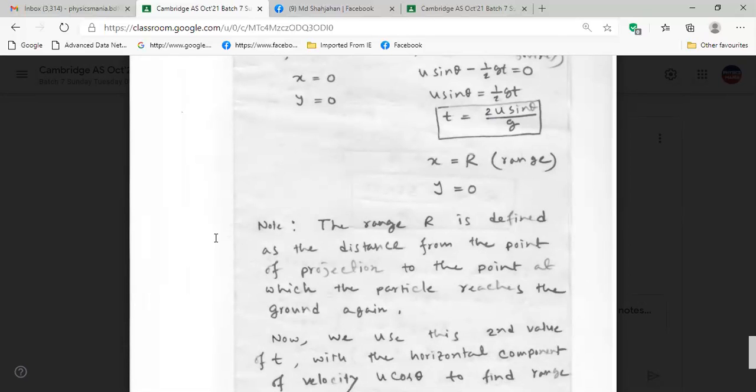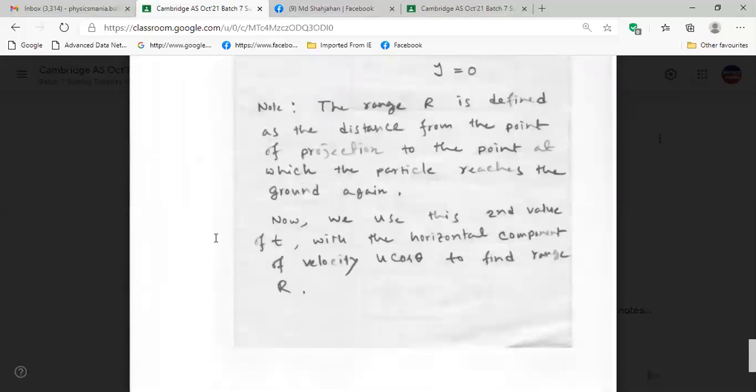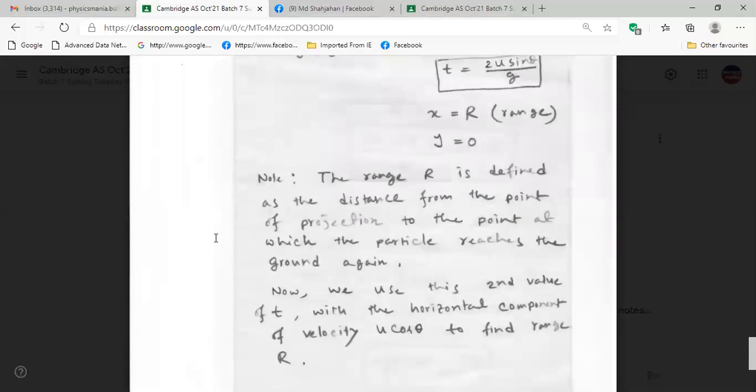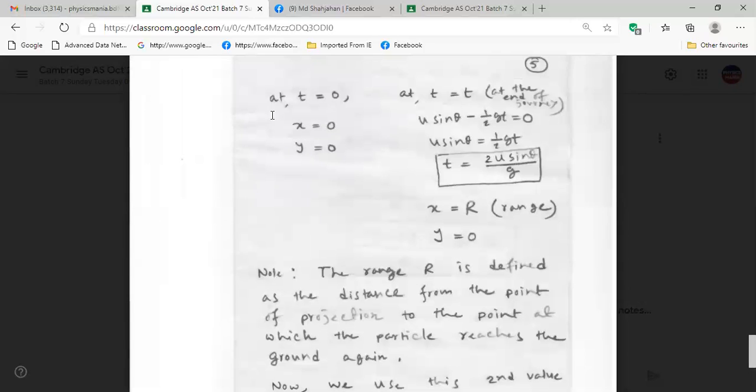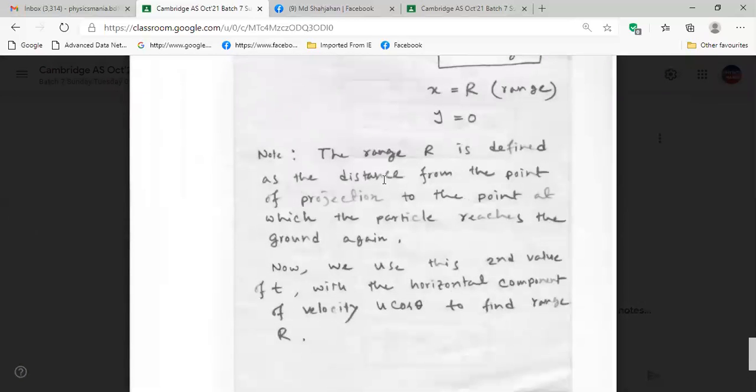Now we use this second value of t with the horizontal component of velocity u cos theta to find range R. So we use here the second factor, right? Yes, sir. To get the range. So write this note.